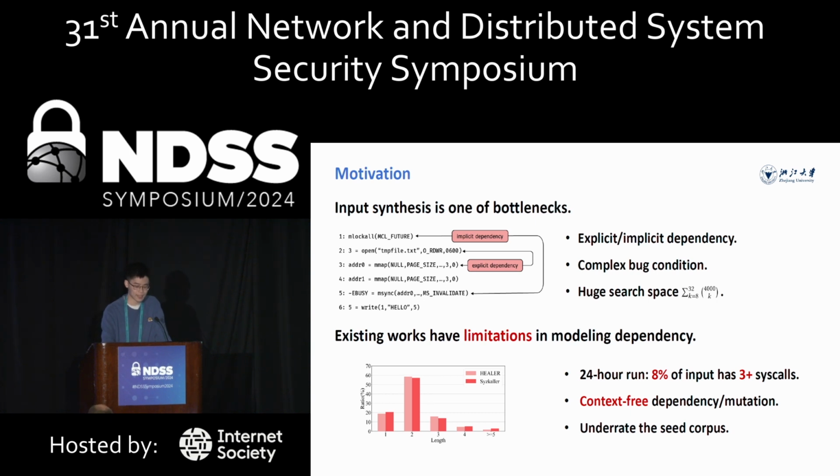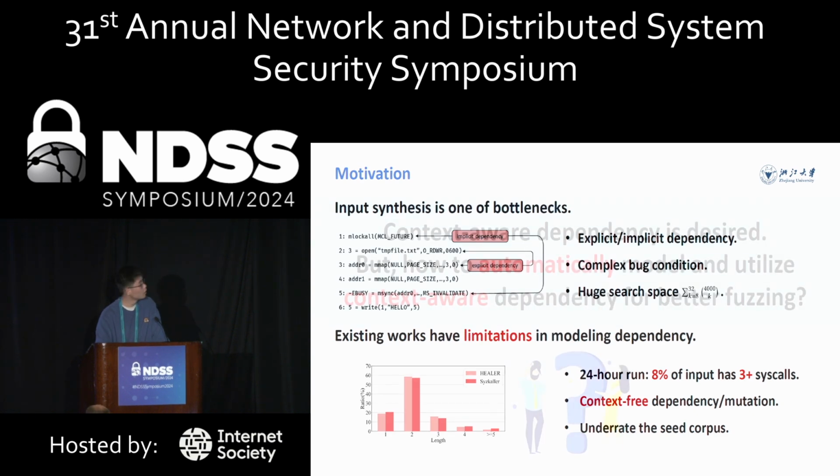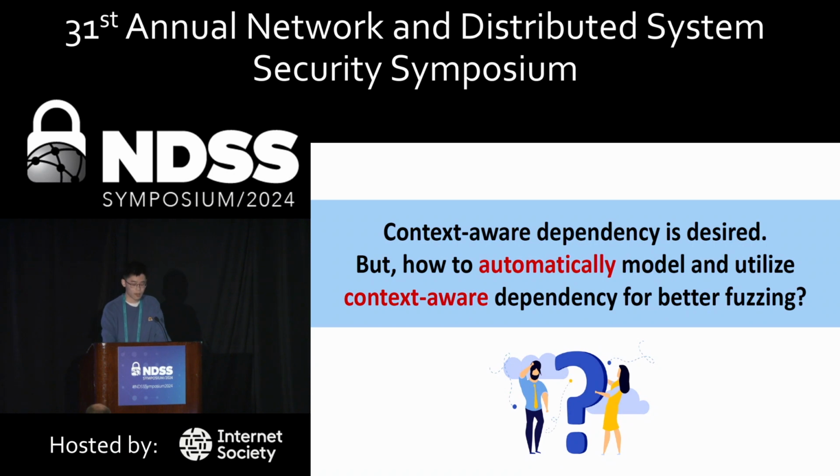Second, fuzzers maintain seeds containing rich dependency relationships. However, existing methods seldom fully utilize the knowledge within the corpus. So, context-aware dependency is desired, but how do we automatically model and utilize context-aware dependency for better fuzzing?